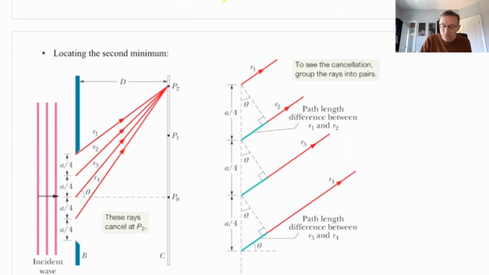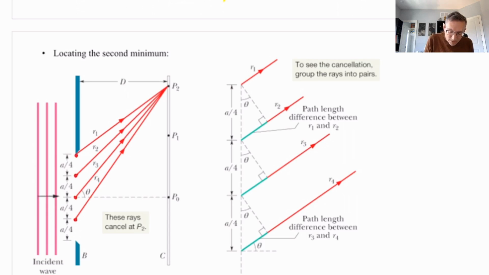Now the trick you do is you imagine breaking up the slit A in the screen B into 4 equal parts, each of width A over 4. And you take the top Huygens source, point source, in each slit.